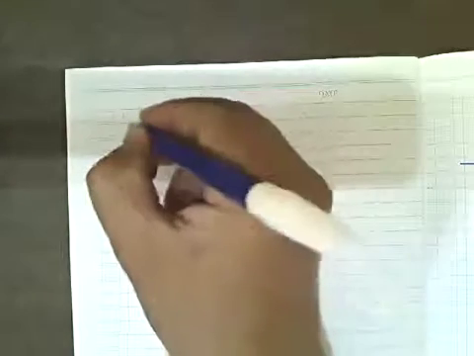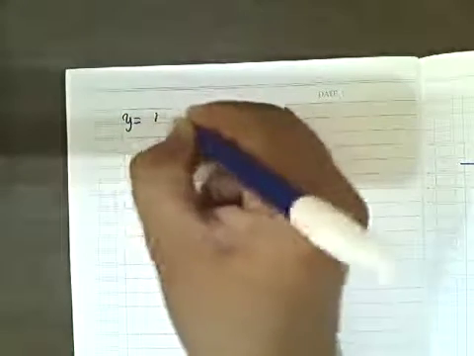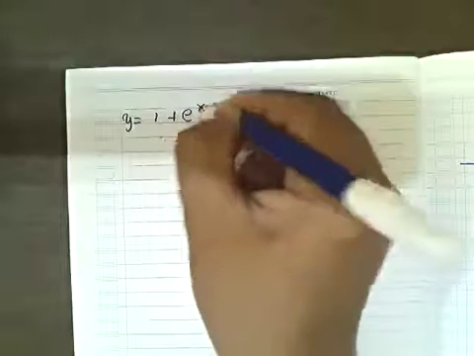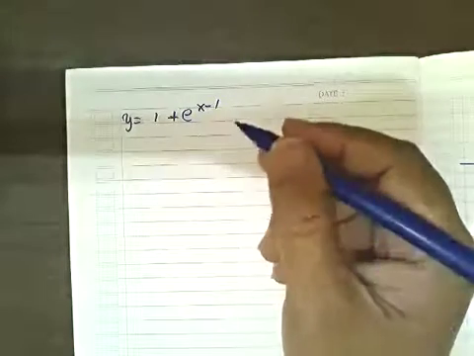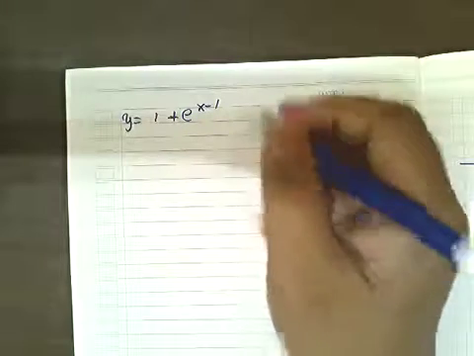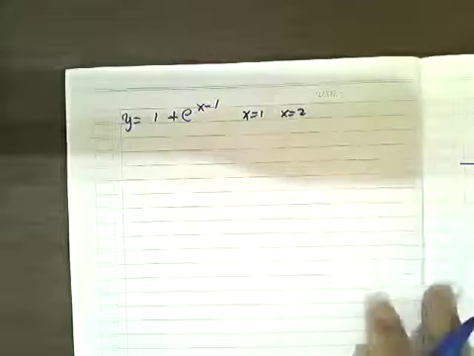We still have 2 minutes, so let's try to get one more example. Suppose that my y is equal to 1 plus e to the x minus 1. And we're looking for the area of the region from x equals 1 to x equals 2.